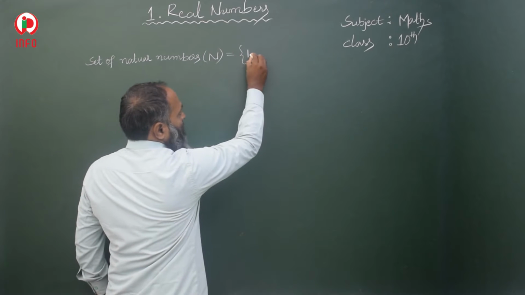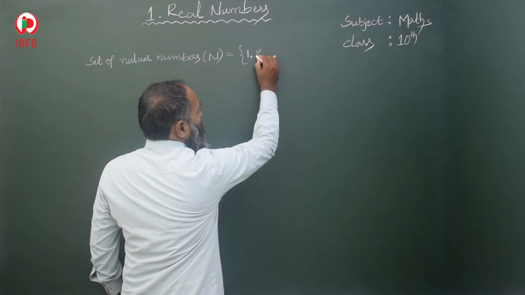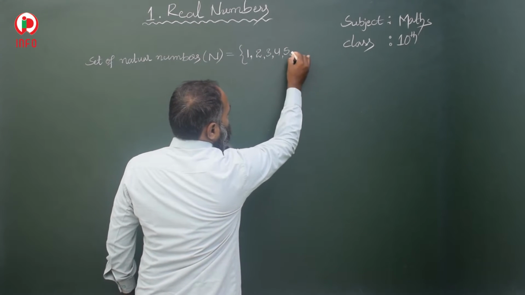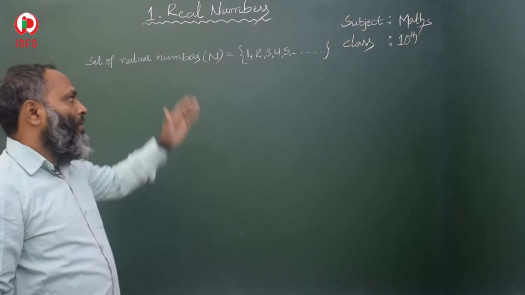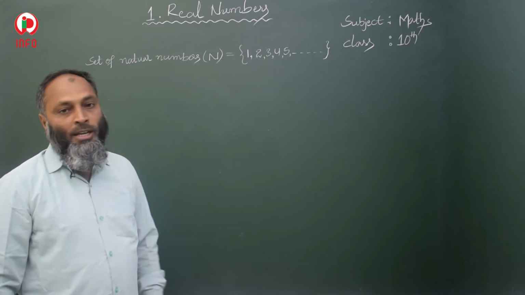The set of natural numbers is represented with capital N. This is the representation of the set of natural numbers. What type of numbers does this set consist of? The set of natural numbers starts from 1, 2, 3, 4, 5 and so on, from 1 to infinity. These numbers are there in the set of natural numbers.